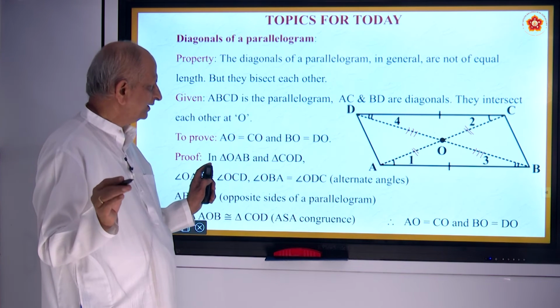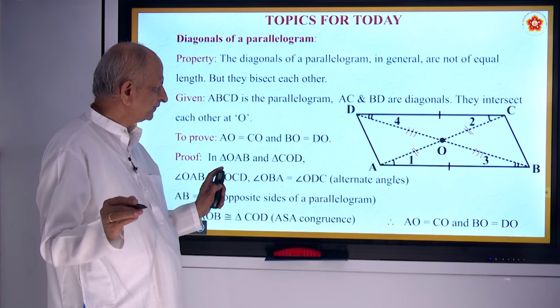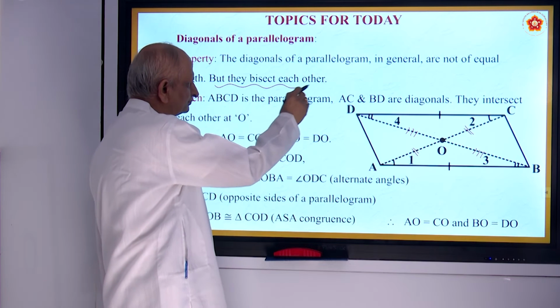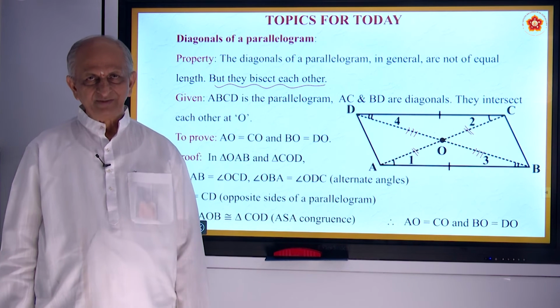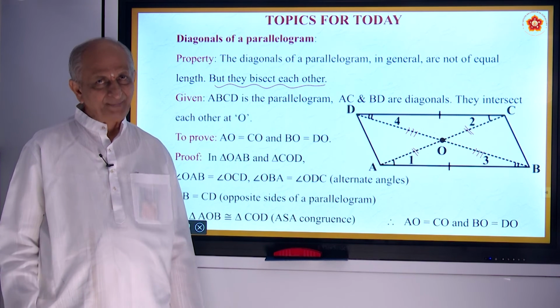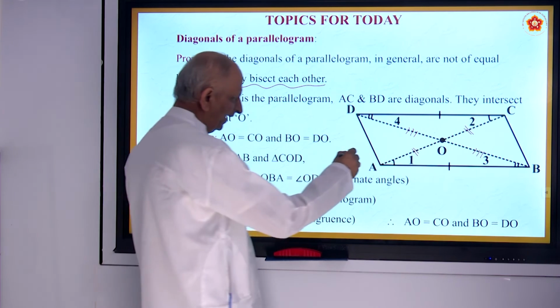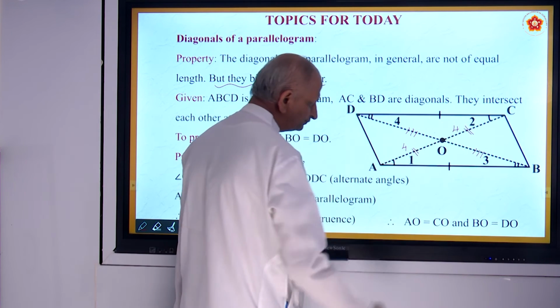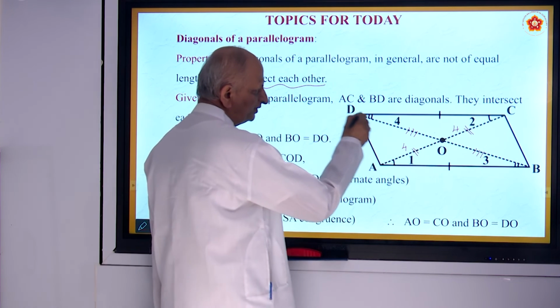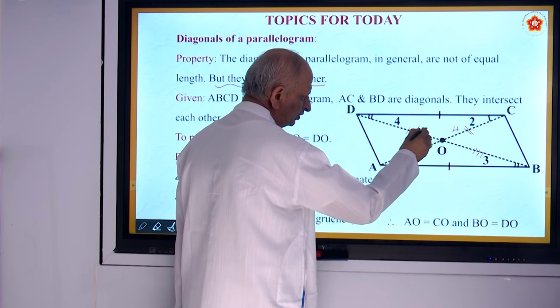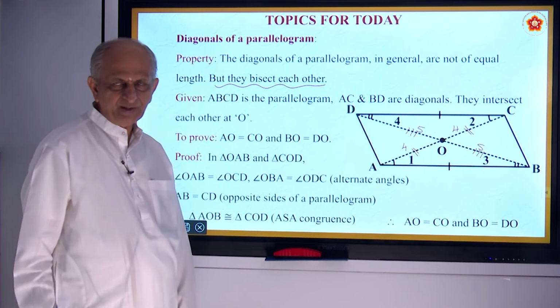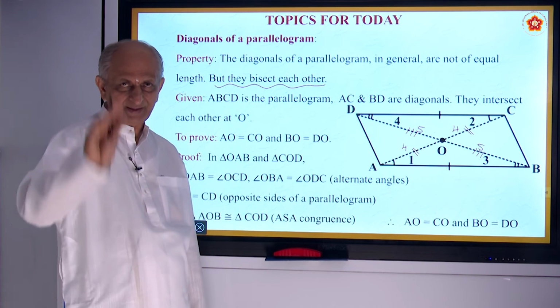The conclusion is, in a parallelogram, diagonals bisect each other. What does it mean? Suppose one diagonal is 8 centimeters, this will be 4 and 4. Suppose this is 10 centimeters, this will be 5 and 5. Understood? So that property you should have in mind.